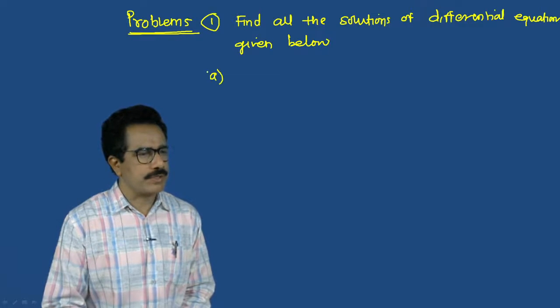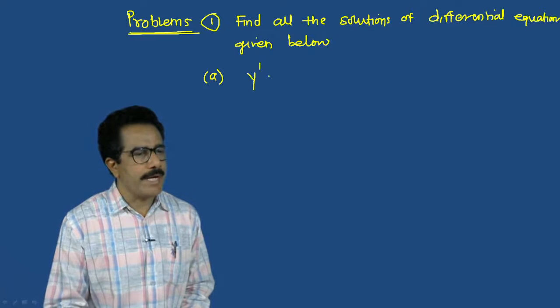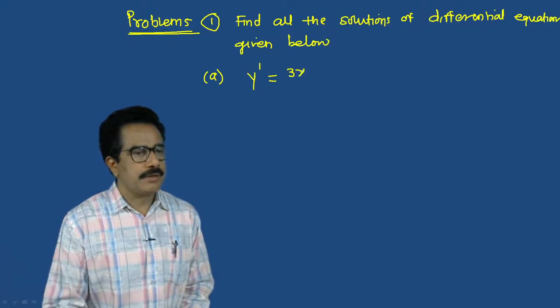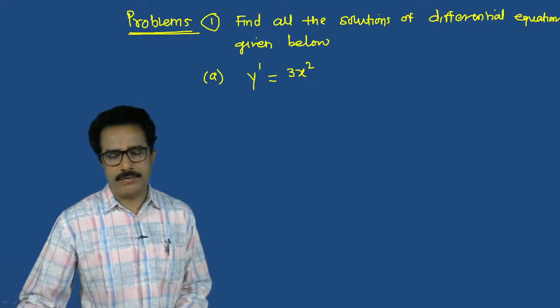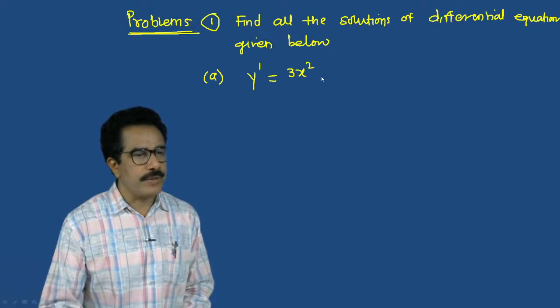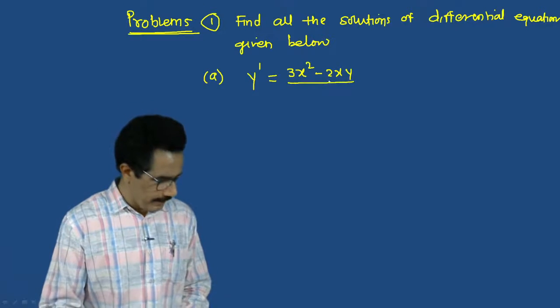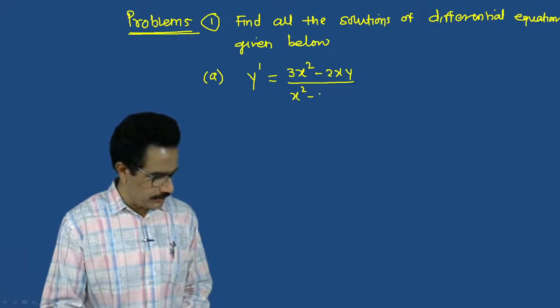First we can take one example: y dash equals 3x square minus 2xy divided by x square minus 2y.